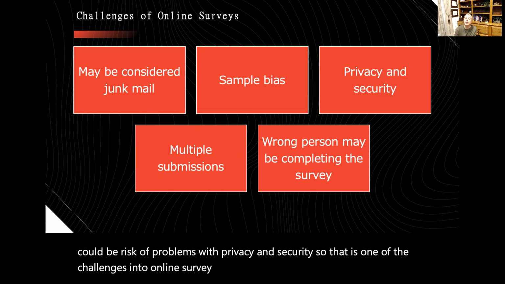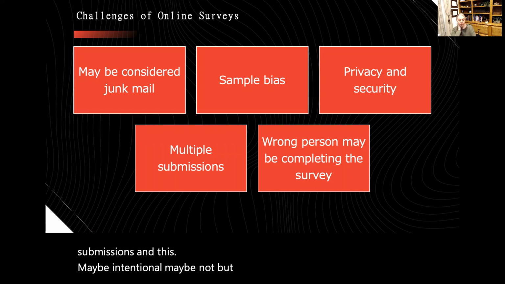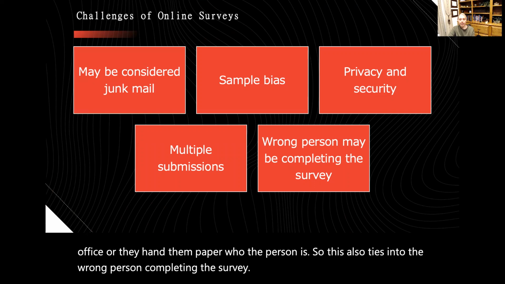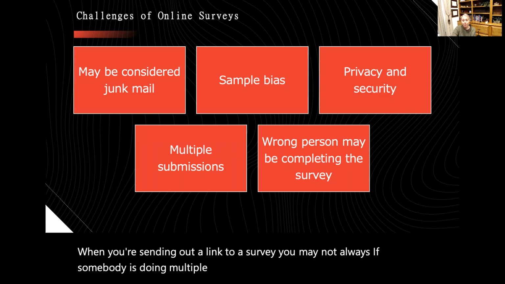Sometimes you can get multiple submissions. This may be intentional, maybe not, but when somebody comes into an office or hands you the paper, you know who the person is. So this also ties into the wrong person completing the survey. When you're sending out, say, a link to a survey, you may not always know if somebody is doing multiple submissions or if the wrong person is completing the survey.